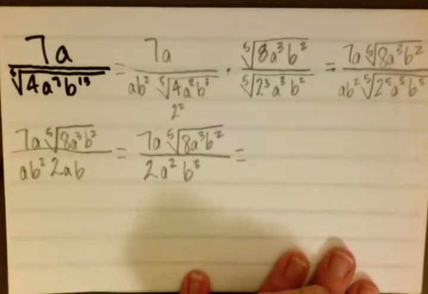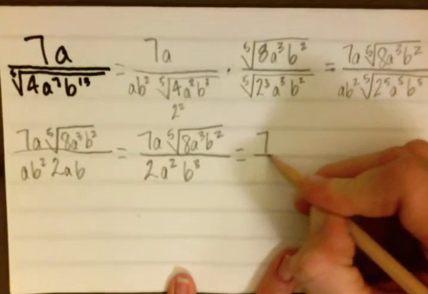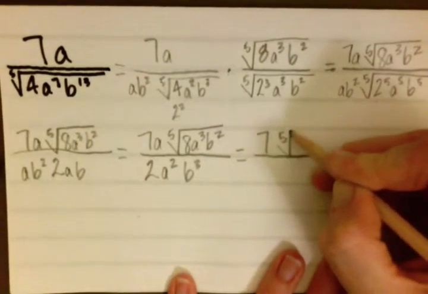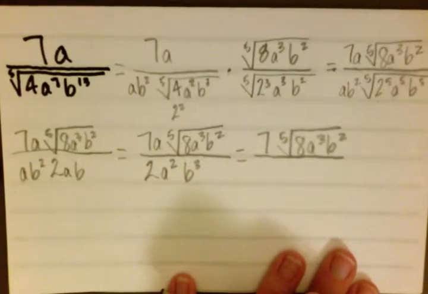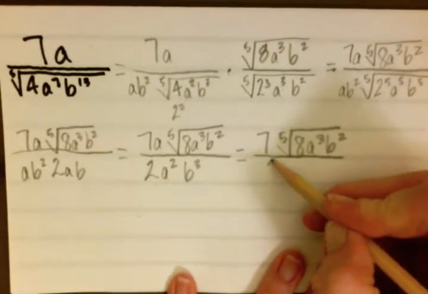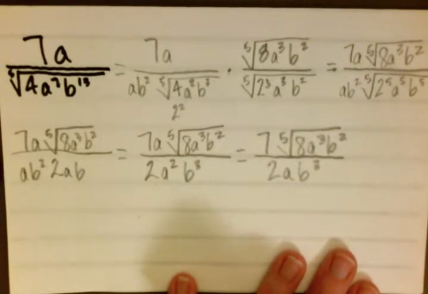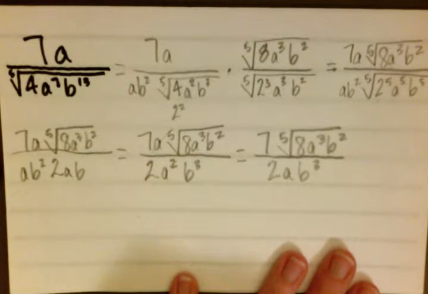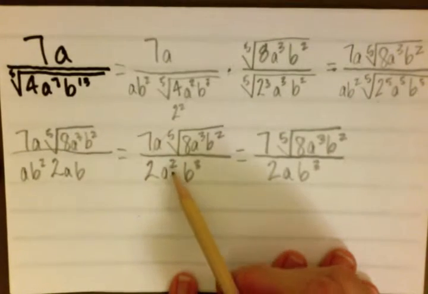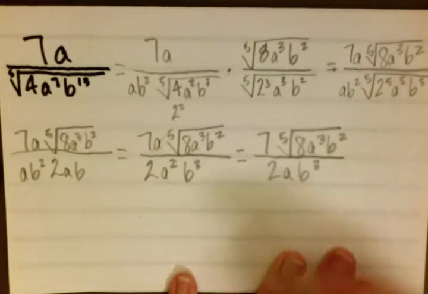So we can go ahead and simplify that, which then leaves us with 7 fifth root of 8a cubed b squared in the numerator, and 2ab cubed in the denominator, because the a in the numerator and one of the a's in the denominator we're able to simplify.